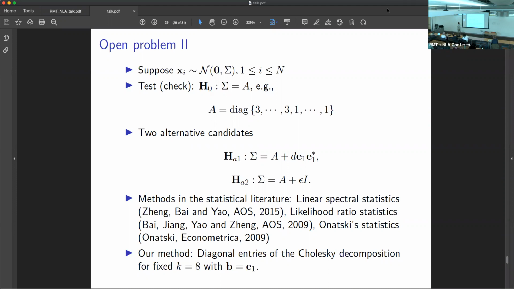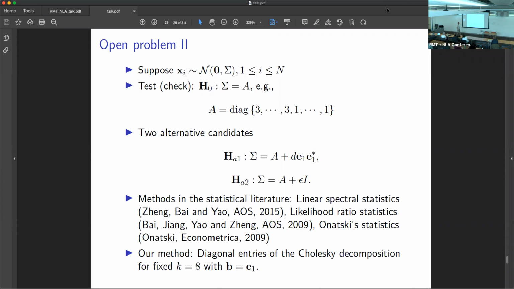This kind of problem in high dimension has been studied for a few years, and there are at least three very famous testing methods trying to test whether this sigma equals A.